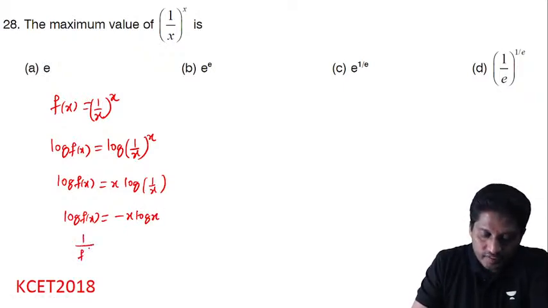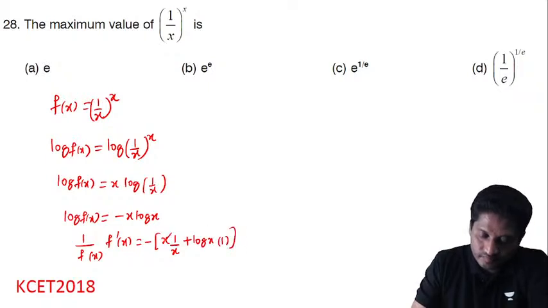Now if I differentiate, log f x gives 1 by fx, and the differentiation of f is f dash. Minus of first function x, times differentiation of log x which is 1 by x, plus second function log x, times differentiation of x which is 1.